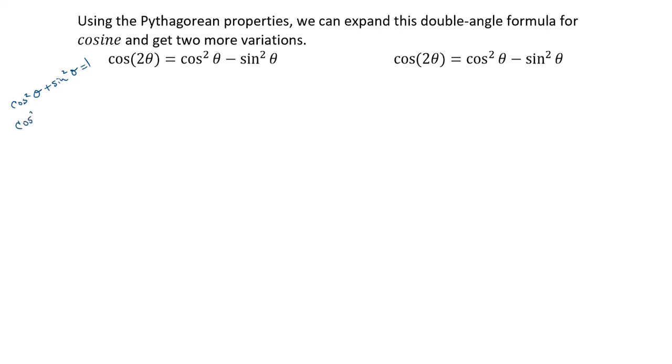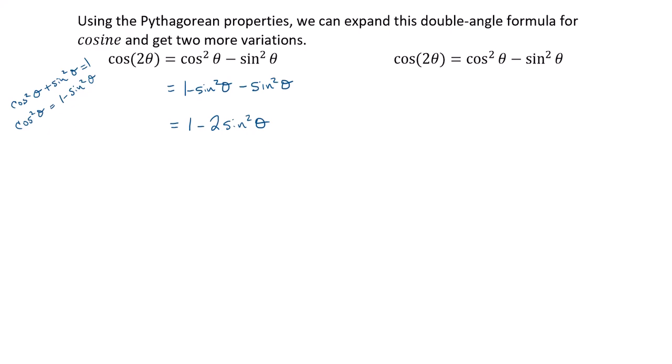This means that the cosine squared theta is 1 minus sine squared theta. So in this formula, we can replace the cosine squared theta with 1 minus sine squared theta, and we still have the minus sine squared theta there. So this is 1 minus 2 sine squared theta.